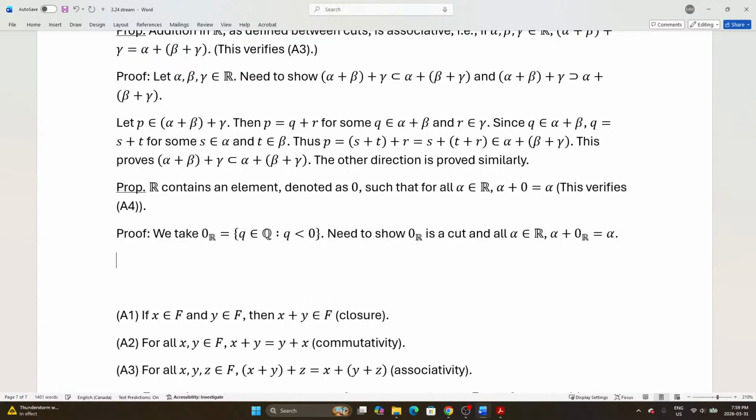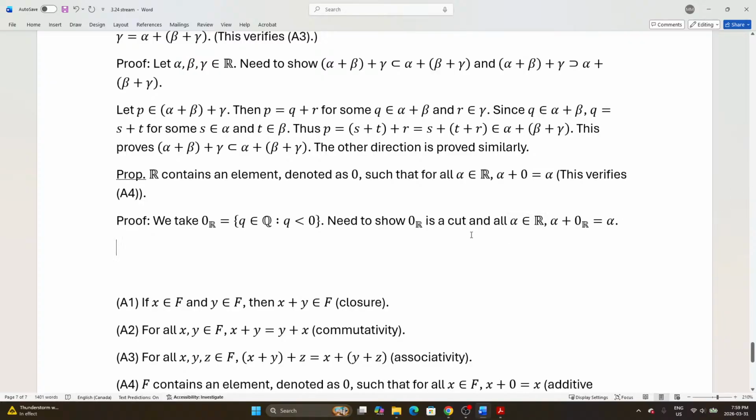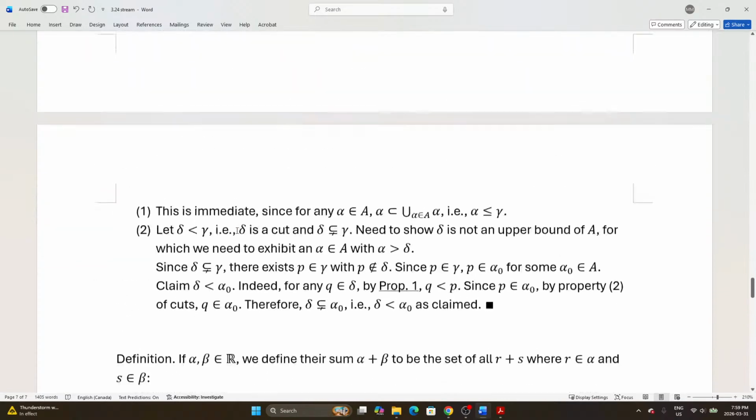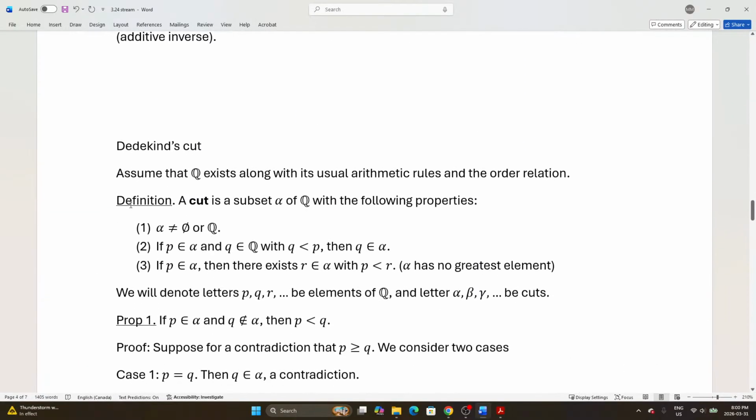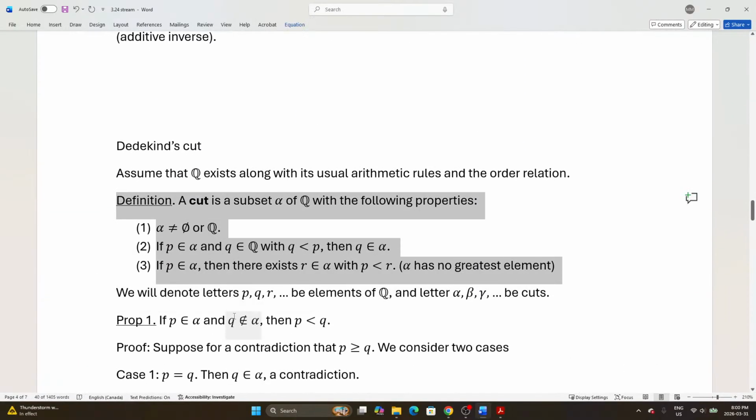Okay, let's go. So 0R is a cut. Well, we need the cut properties again, going back to the definition of a cut, all three properties.